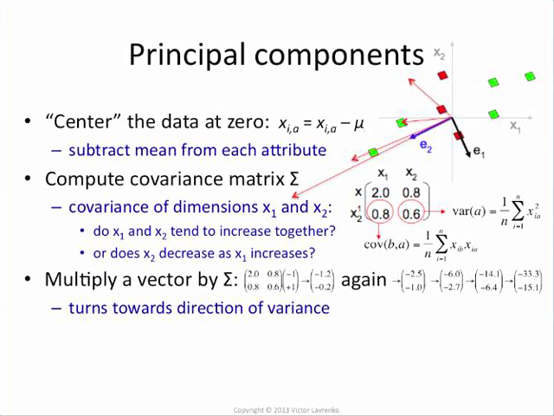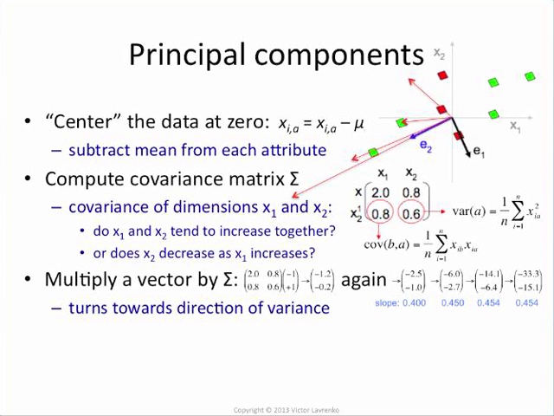But if you look, the slopes are actually converging to something. The slope was 0.4 here, 0.45, 0.454, so it's getting closer and closer to something. And that something is the dimension that you would visually pick out as the dimension of the greatest variance in the data. That's the dimension where the data points seem to be spread out the most.